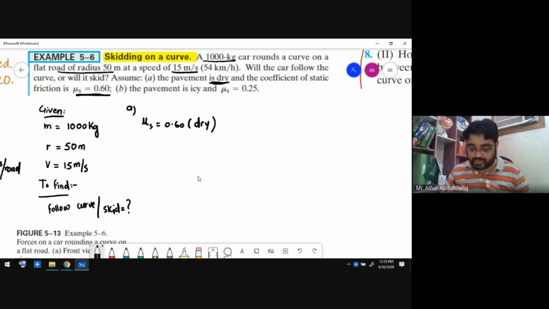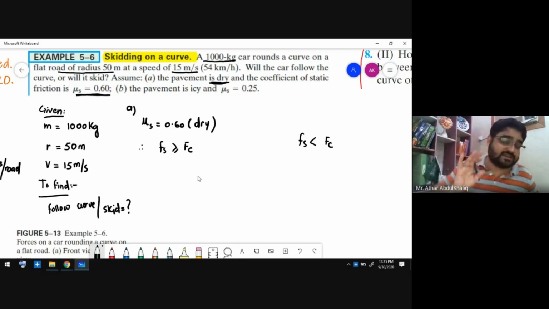I told you, whether the car will skid or follow can be understood by checking whether Fs is greater than or equal to Fc, or whether Fs is less than Fc. If it is greater than Fc, the car will take the turn.